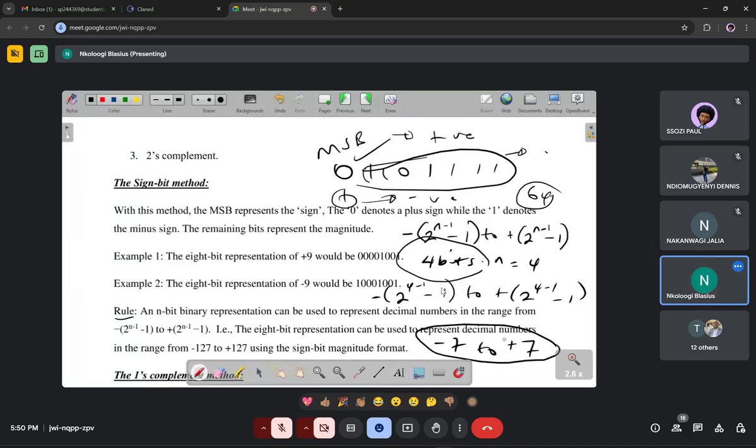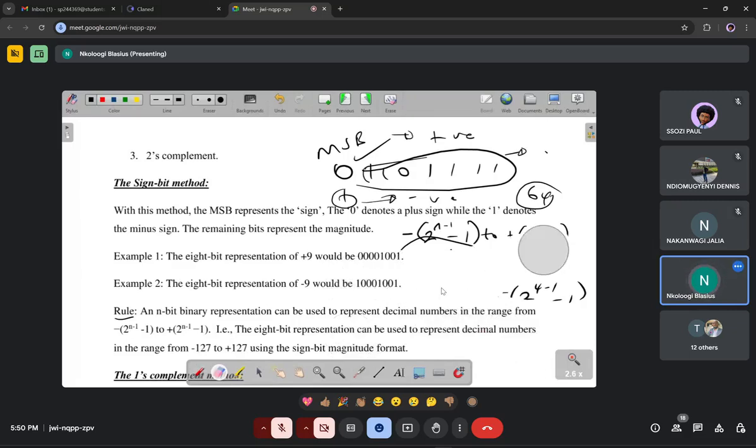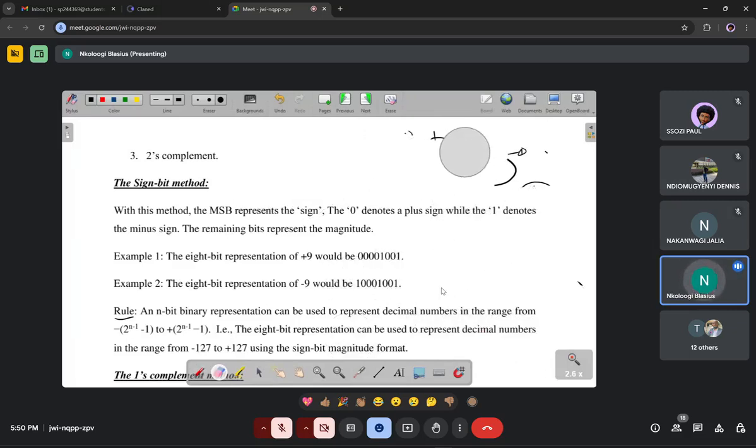That is about if it was a 4-bit representation. If your machine could now store something like 8-bit only, what range would you have there? Then again, calling this formula for the sign bit, you'll have negative 2 to power n minus 1 minus 1 to a positive 2 to power n minus 1 minus 1.